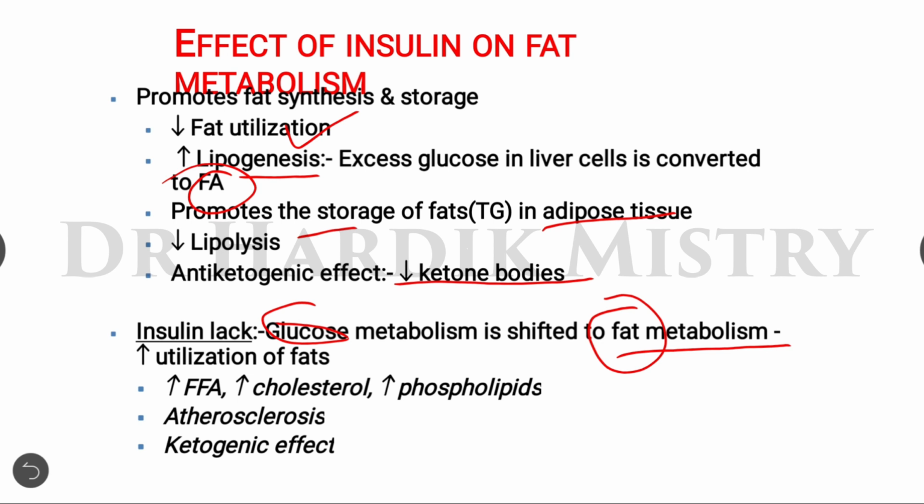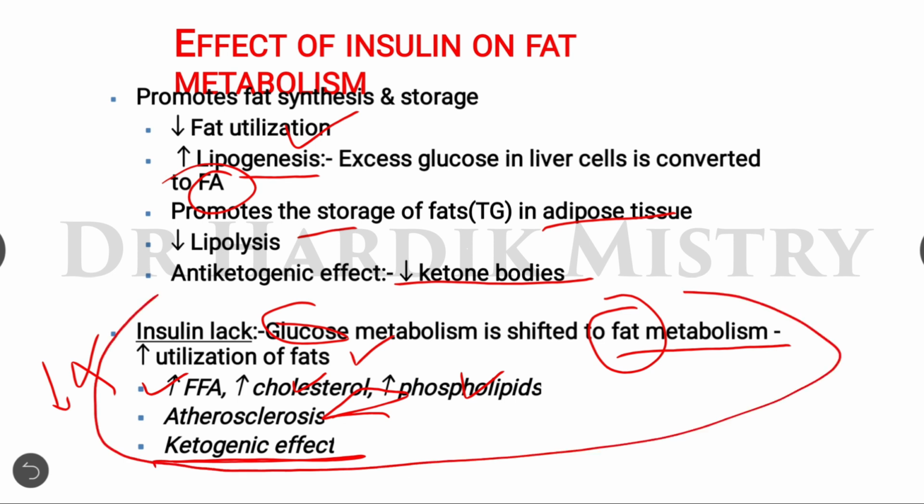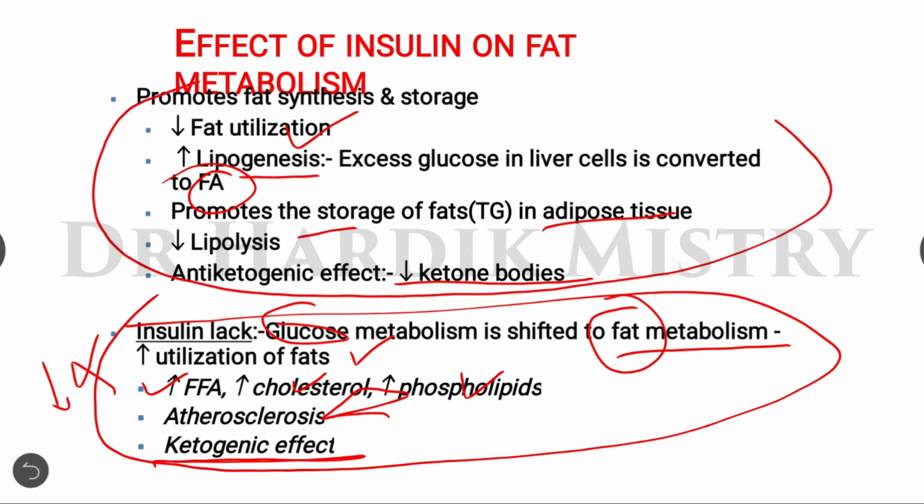So when the insulin concentration is decreased or there is no insulin in our body, it increases the utilization of fats, increases free fatty acids, cholesterol, and phospholipids. This lack of insulin also promotes abnormal atherosclerosis activity and has a ketogenic effect. Okay, so that is what happens when insulin is not present in our body, and that is what happens when insulin is present in our body.